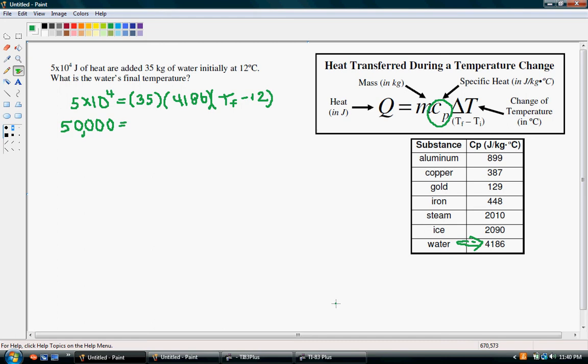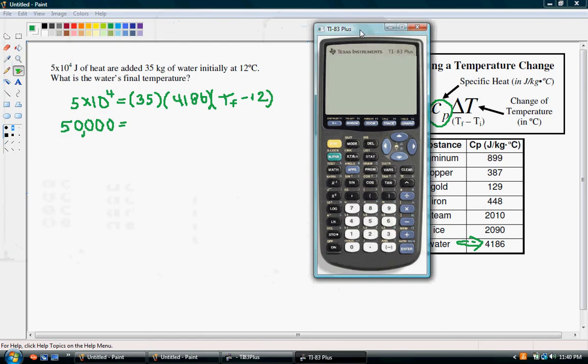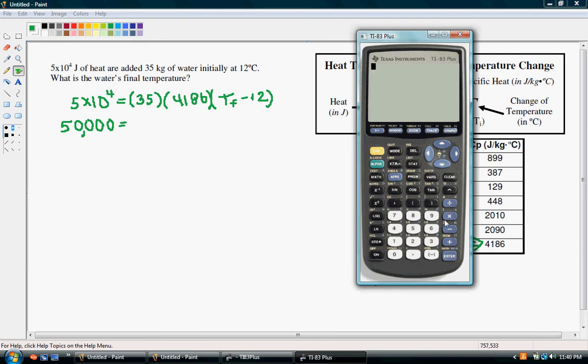Alright, and let's go ahead and simplify. 35 times the specific heat of water, which is 4186, and we get 146,510. That is being multiplied to TF minus 12 degrees.